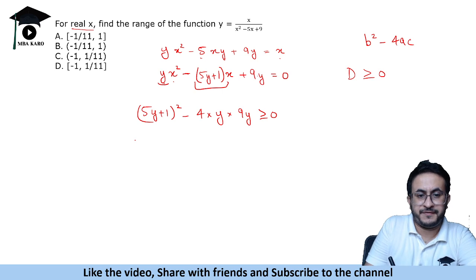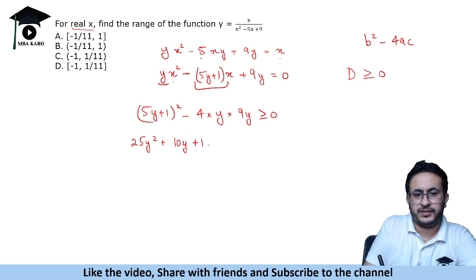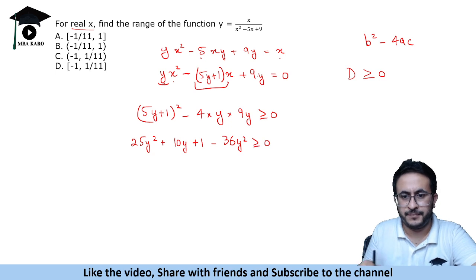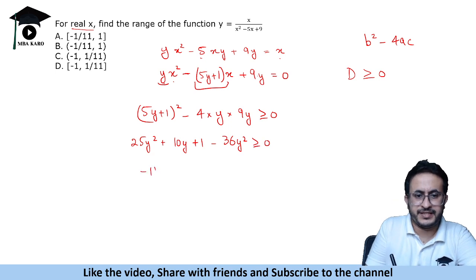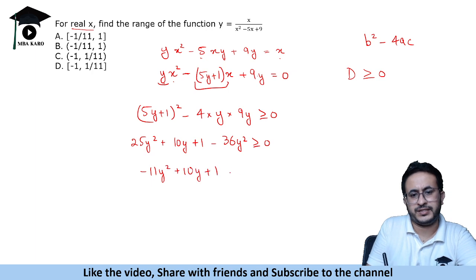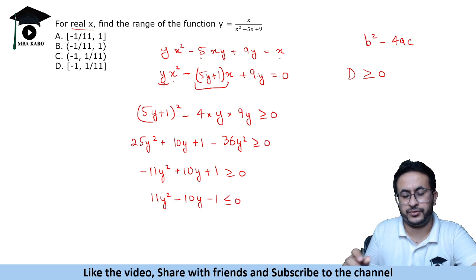When we simplify it, we get 25y² + 10y + 1 − 36y² ≥ 0. So this means −11y² + 10y + 1 ≥ 0, or we can say 11y² − 10y − 1 ≤ 0.